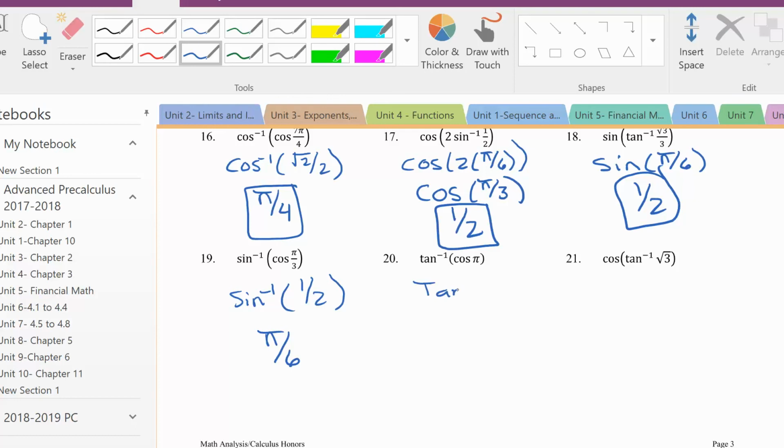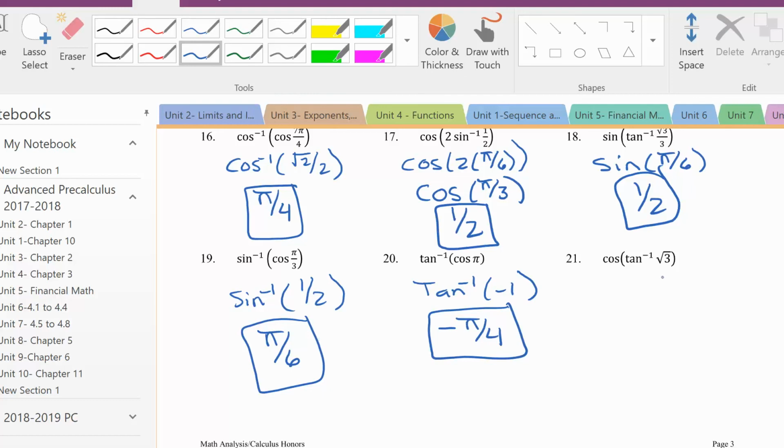Cosine pi is negative 1. Tangent inverse of negative 1 is negative pi over 4. And last but not least, tangent inverse of rad 3 is pi over 3. And then the cosine of pi over 3 is 1/2.